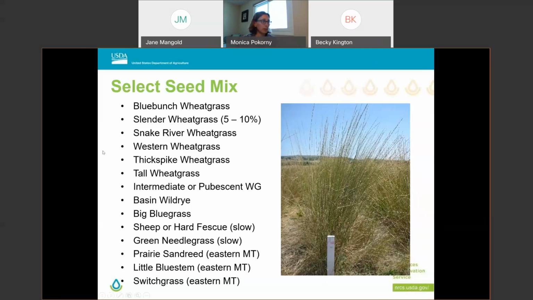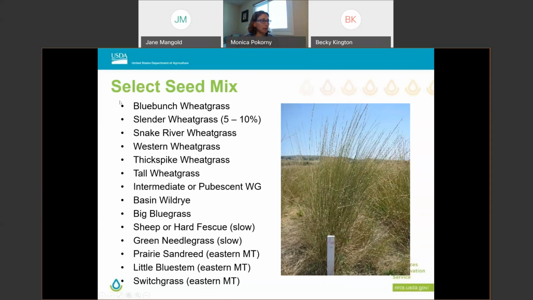Some other native species that we see doing well and competing well with weeds are Snake River wheatgrass, Western wheatgrass, and thickspike wheatgrass. Some of our introduced wheatgrasses that are quite competitive and establish well throughout Montana are tall wheatgrass and intermediate or pubescent wheatgrass.